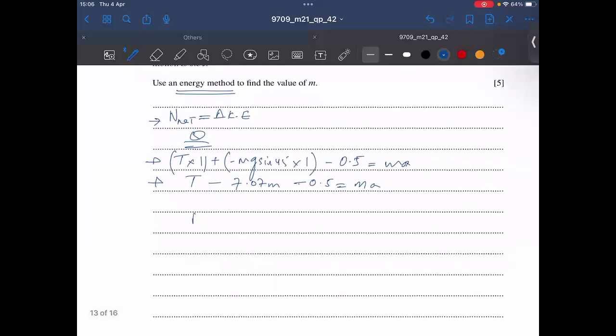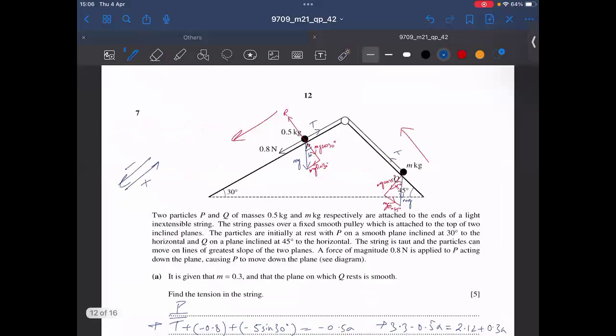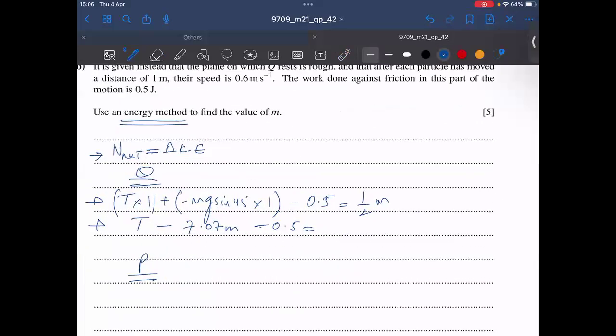So on P, this is going to be equal to the change in kinetic energy. So half m. They have started from rest. Yeah, they're initially at rest. So half m times v square minus u square, where u is equal to 0.